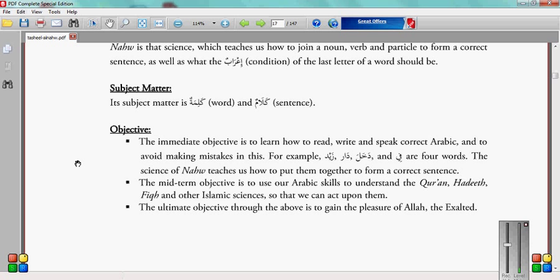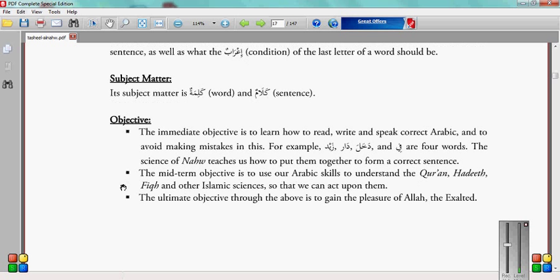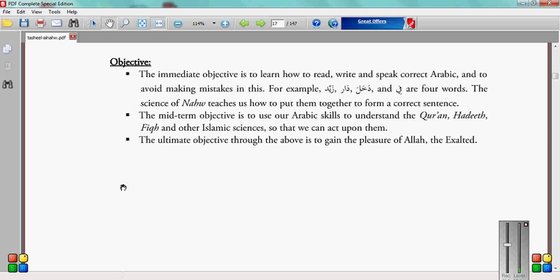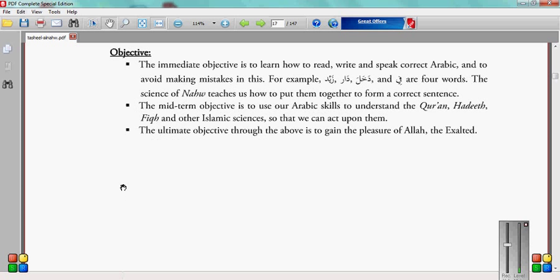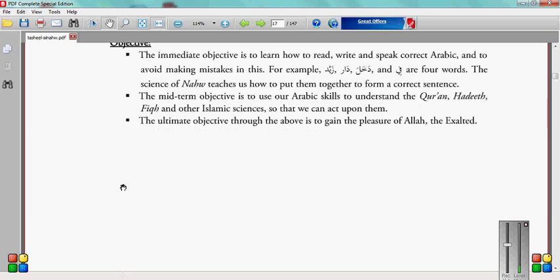Because without grammar, you might be putting the words together, but it might not be conveying the meaning that you are trying to convey. And the midterm objective is to use our Arabic skills so we can understand Quran and Hadith and Fiqh and other Islamic sciences so that we can act upon it, inshallah. And obviously the ultimate objective is to gain the pleasure of Allah subhanahu wa ta'ala.